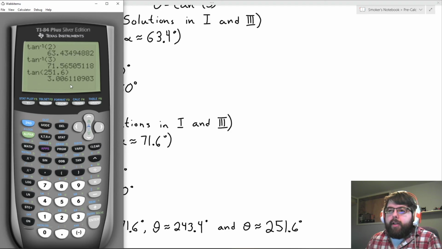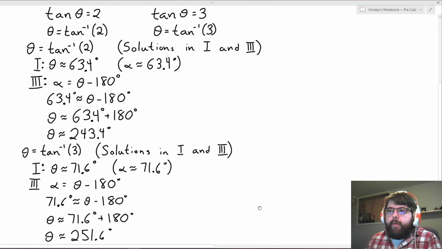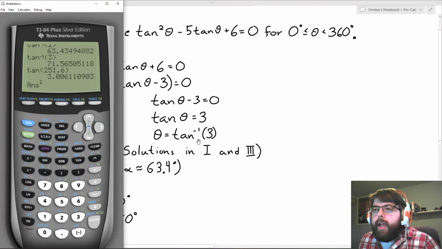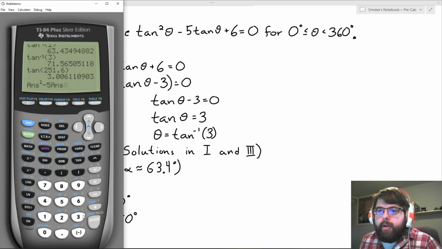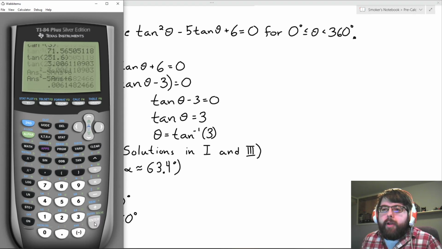That's pretty close to 3, right? But I'm going to just take answer. I'm going to do second answer squared, and then minus 5 times second answer plus 6. Now this should be equal to 0. It's probably going to be a little off, but it should be pretty close to 0. Yeah, it's a little off. Probably it's because we rounded, right? This is a rounded answer.